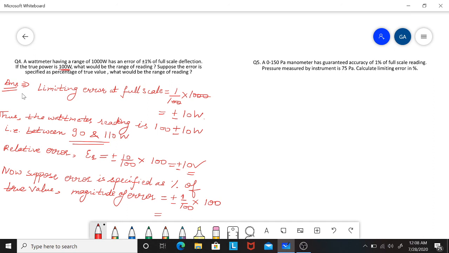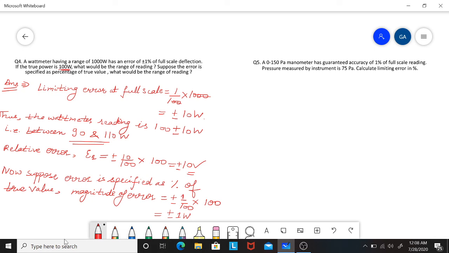Okay. So the magnitude of error can be represented here as ± 1 watt.